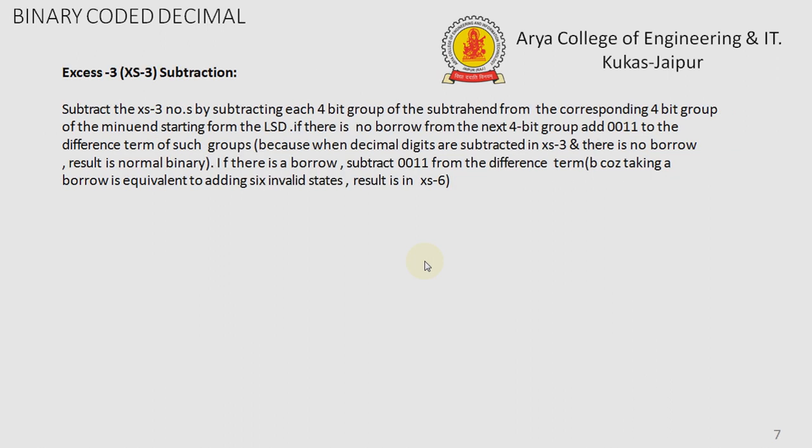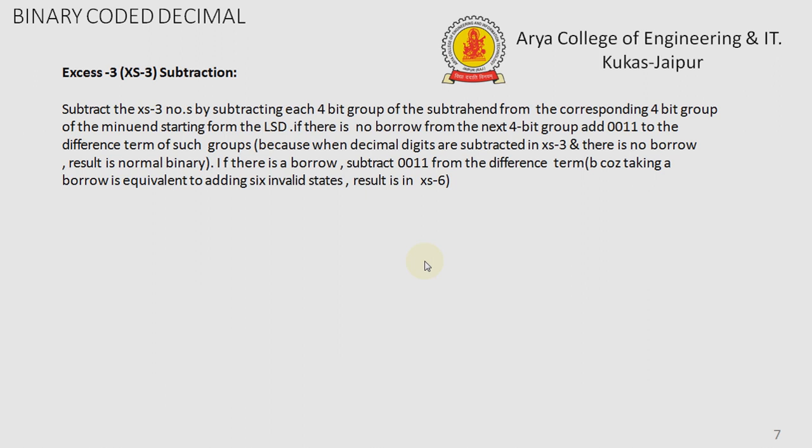Now XS3 subtraction. Subtract the XS3 numbers by subtracting each 4-bit group of the subtrahend from the corresponding 4-bit group of the minuend, starting from the LSD. If there is no borrow from the next 4-bit group, add 0011 to the difference term of such groups, because when decimal digits are subtracted in XS3 and there is no borrow, the result is in normal binary.